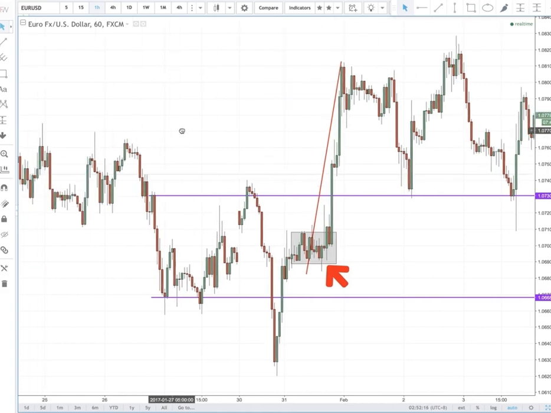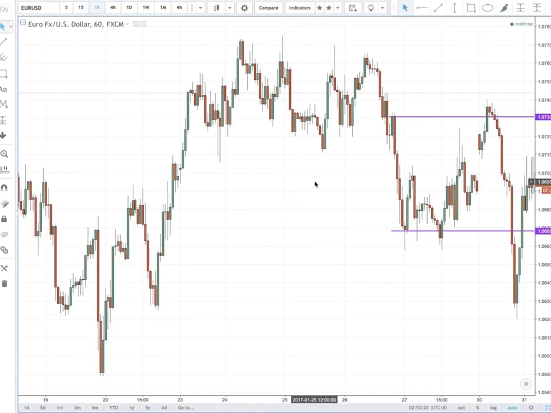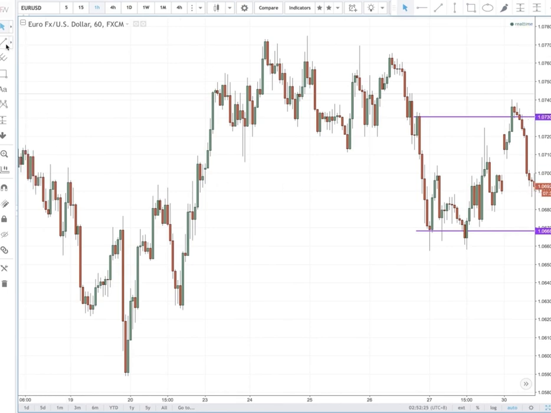So let's do some examples of supplies. Supply in the general concept of drawing is rise, base, and drop. This is the general terminology of what is a supply, which means the market goes up dramatically, pauses a bit, and drops dramatically.